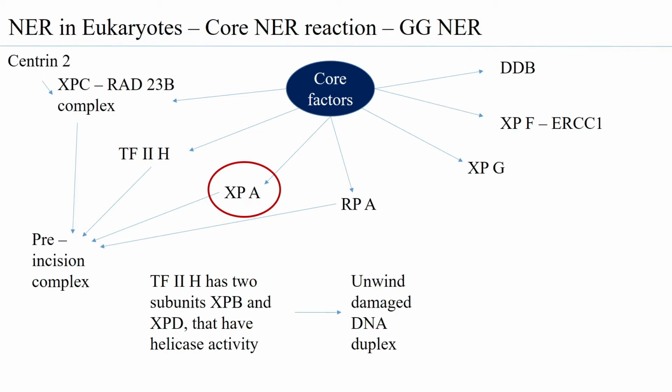Now together XPB and XPD are able to unwind the damaged DNA duplex. So where you have the damaged DNA, that portion of the DNA gets unwound. So the DNA opens up, and then on both sides of the lesion in the open DNA duplex, incisions are made by the XPG and the XPF ERCC1.